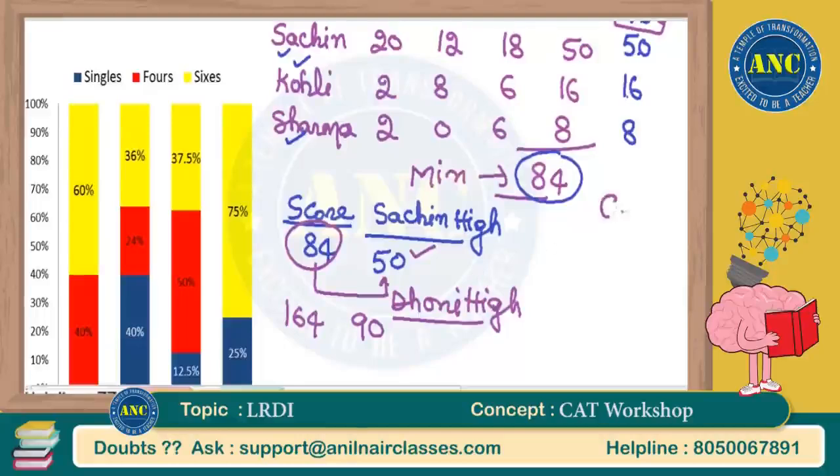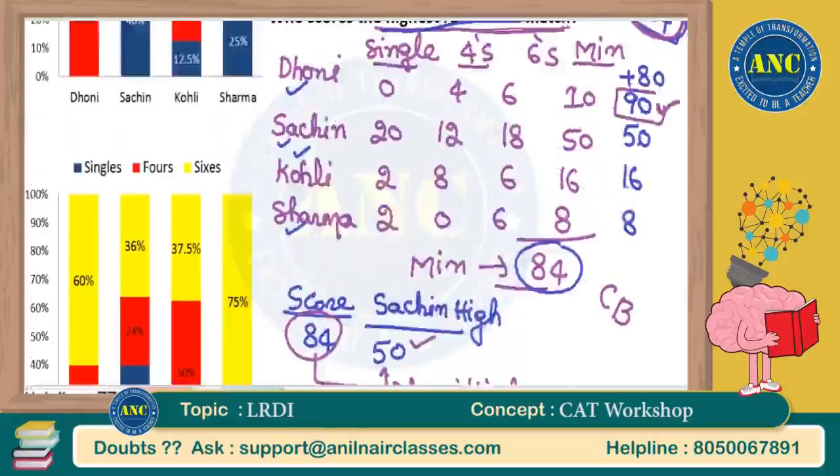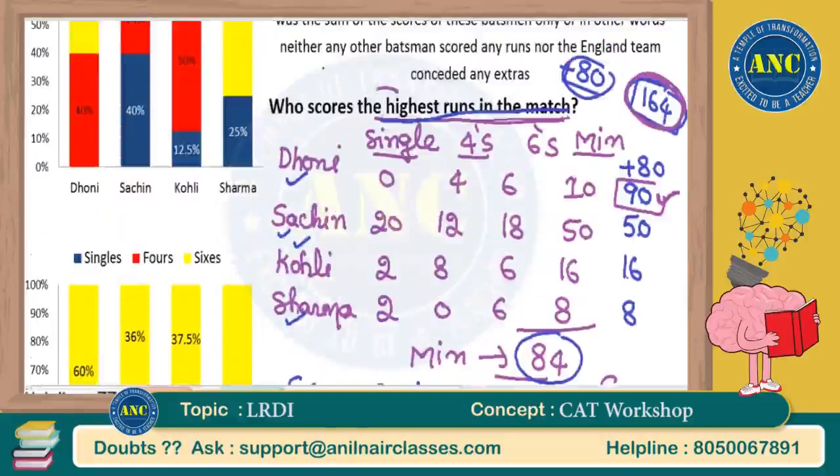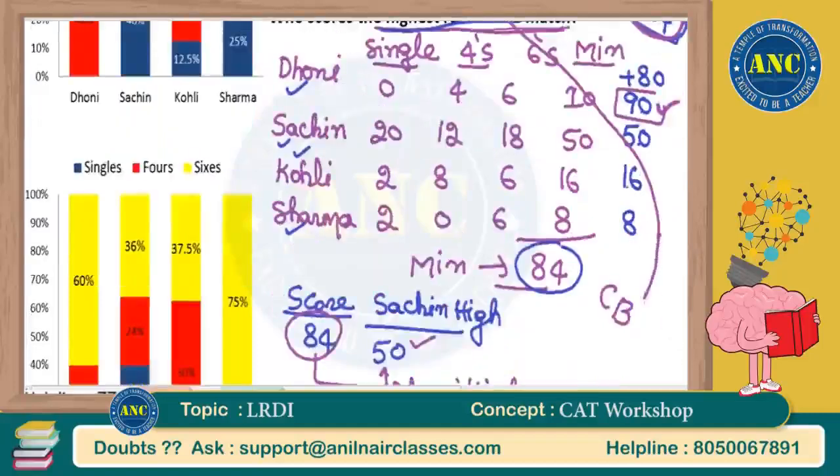That means the answer for this question, who scored highest in the match? Because the exact score of the Indian cricket team is not known, the answer for this question will be cannot be determined uniquely.